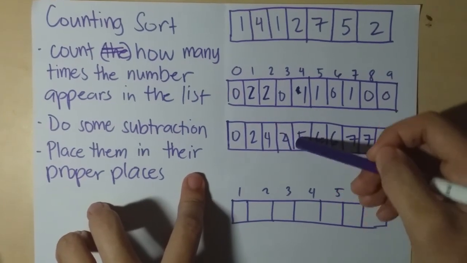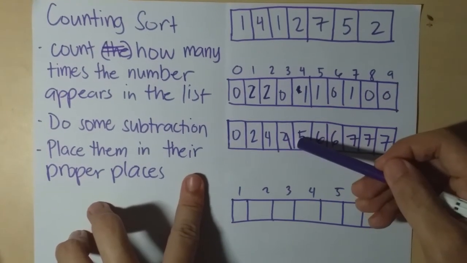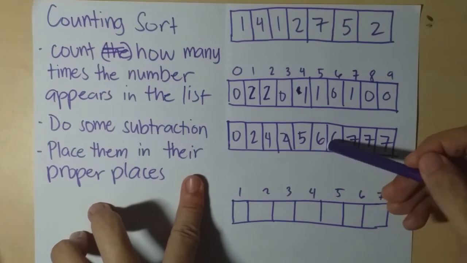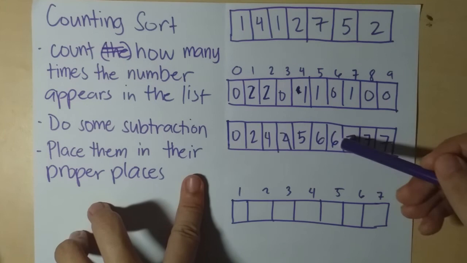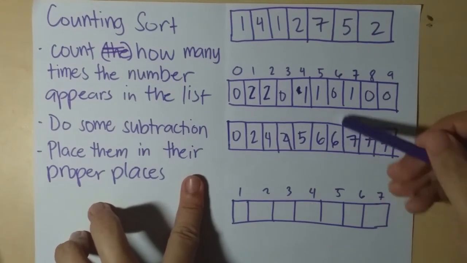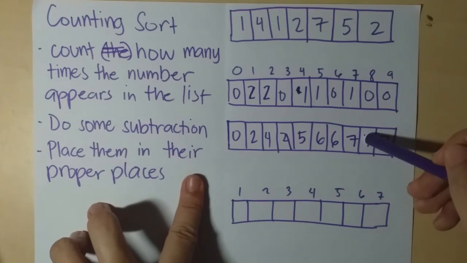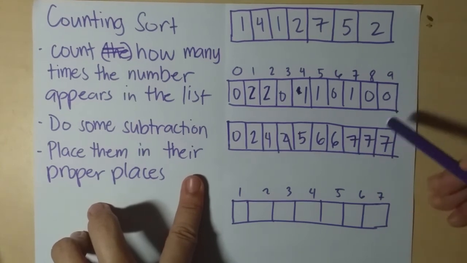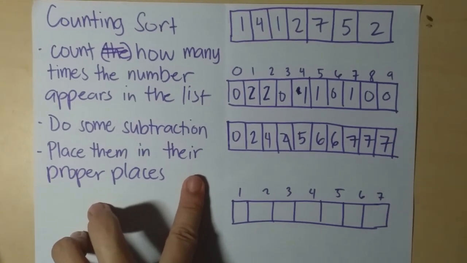Then 1 plus 4, that's 5. Then 1 plus 5 is 6, and 0 plus 6 is 6 again. For the next number, 1 plus 6, it becomes 7. For the next, 0 plus 7, that's 7, and for the next, the same, 0 plus 7, that's 7. Alright?